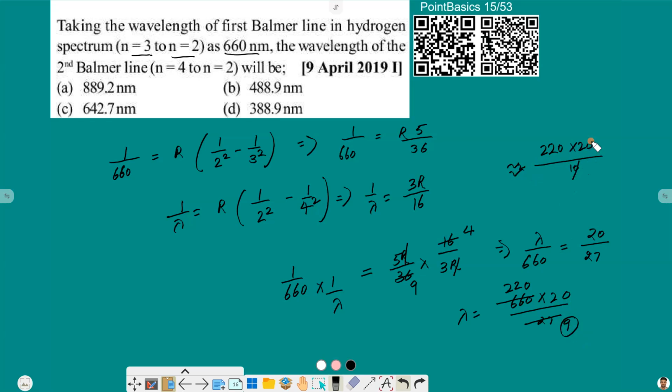So we will get 440. So the answer will be something around 400. And as we have increased the denominator, the actual answer will be greater than this. If we had decreased the denominator, the answer would be smaller. So from that we can conclude that option B will be the right answer.